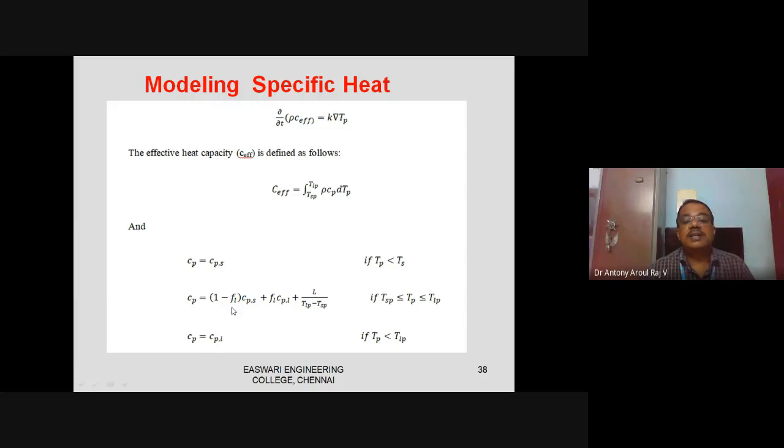And if it is in between, during phase change, it is latent heat divided by the solidus-liquidus temperature range. Then you have a solid region and a liquid region. The solid region is (1 minus FL) into CPS, the liquid region is FL into CPL. So CP I can write as (1 minus FL) into CPS plus FL into CPL plus L divided by this temperature range.